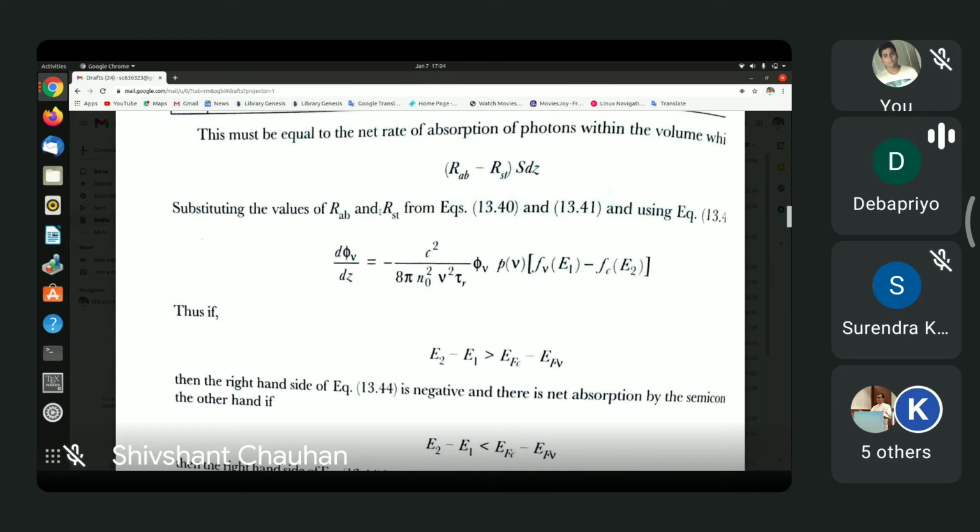And then you have this difference of these factors, which we already have encountered. These are the occupation probabilities.